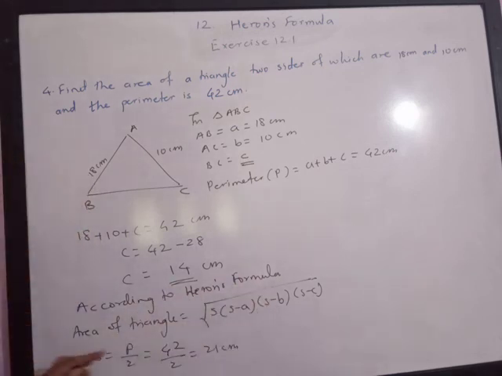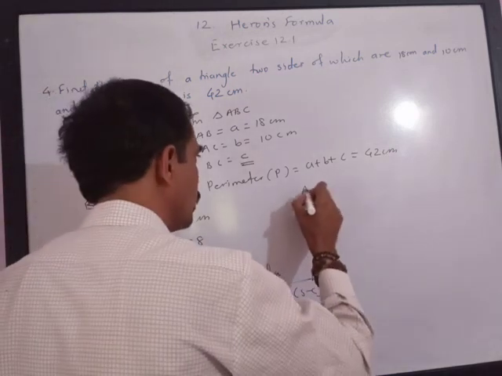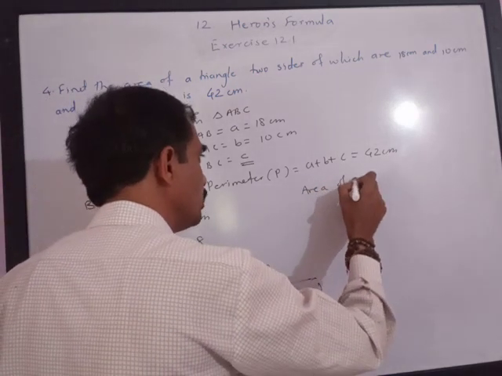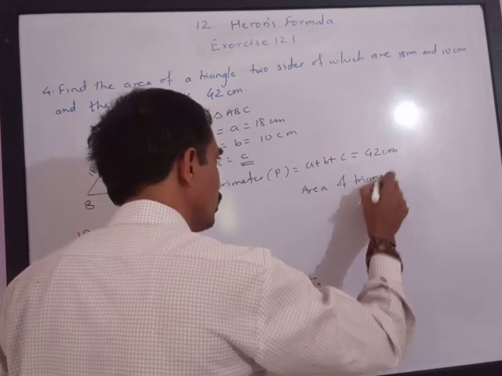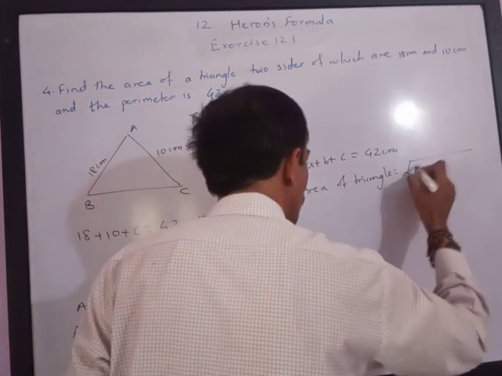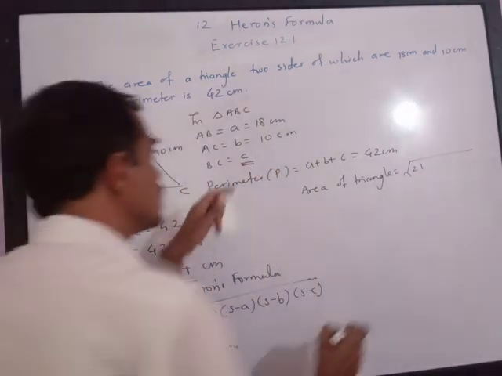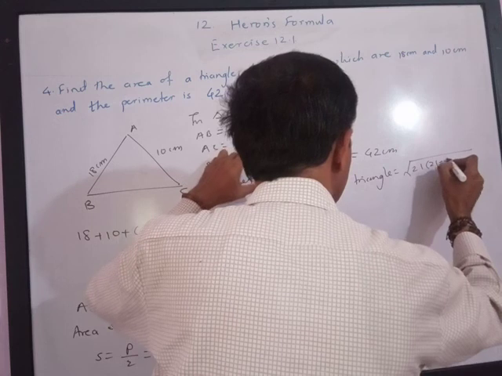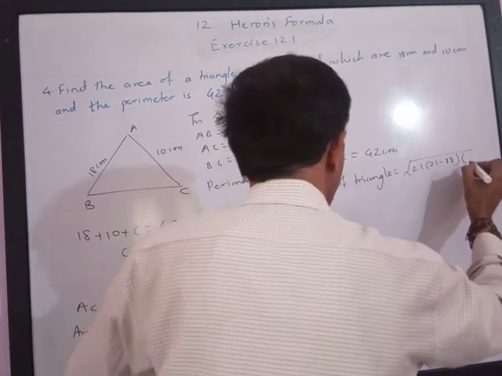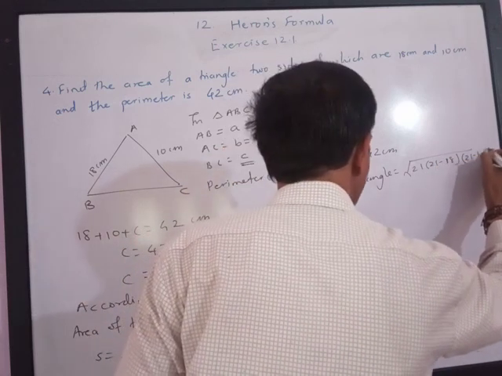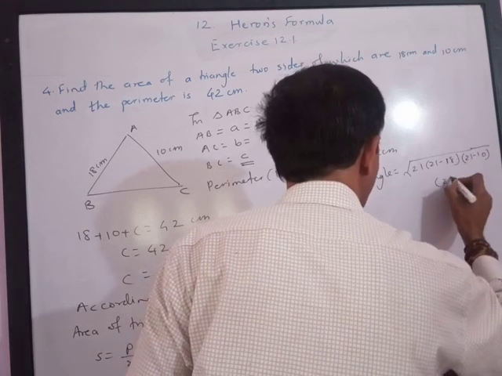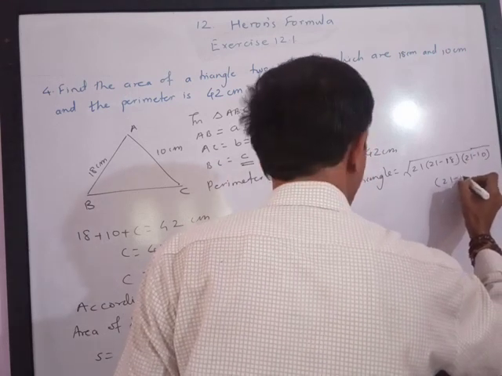Putting all the values, we will get area of triangle is equal to under root 21 minus 18, then in next bracket 21 minus 10, and in third bracket 21 minus 14.